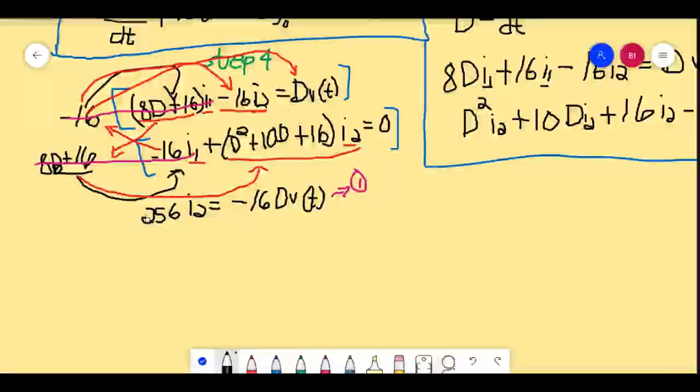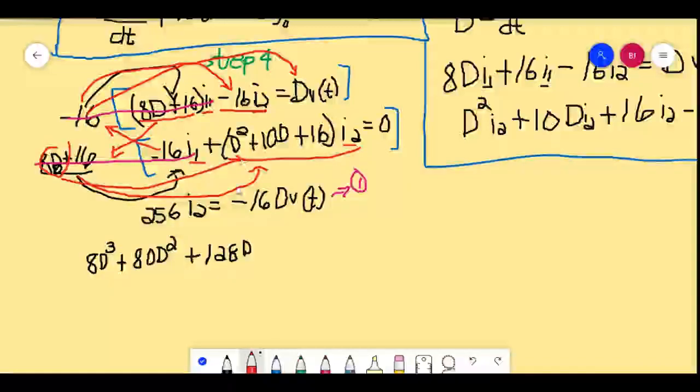Let's just do a bit of computation for the second one. 8d times d squared is 8d cubed. 8d times 10d would be 80d squared. 8d times 16 would be 128d. So what I just did there is I multiplied 8d by this, and I get this.